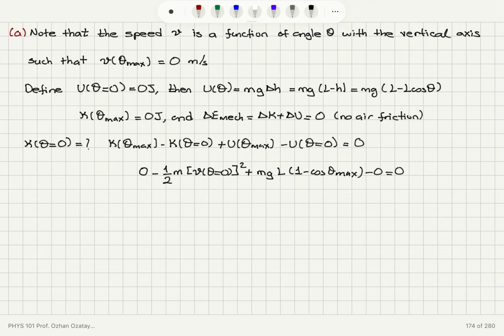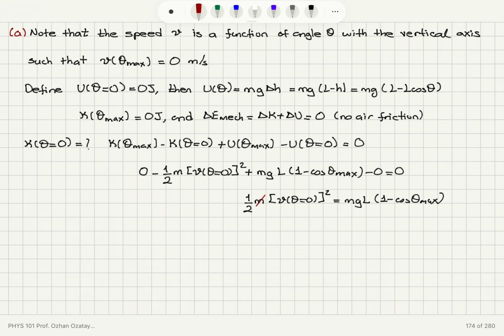So if I isolate the speed, 1/2 m times the speed at theta equals 0 squared must be equal to mgL times 1 minus cosine theta maximum.